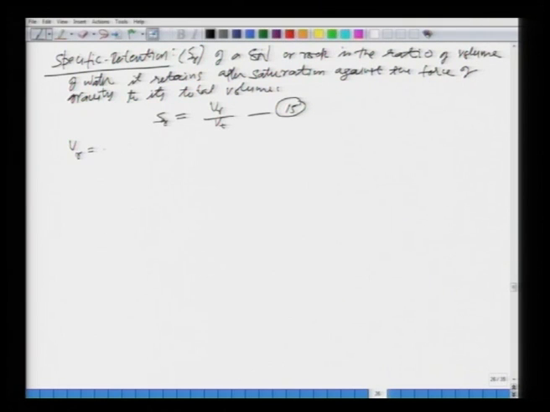where V R is the volume occupied by retained water. The thing to remember is that it cannot be drained by gravity, or even pumped out.